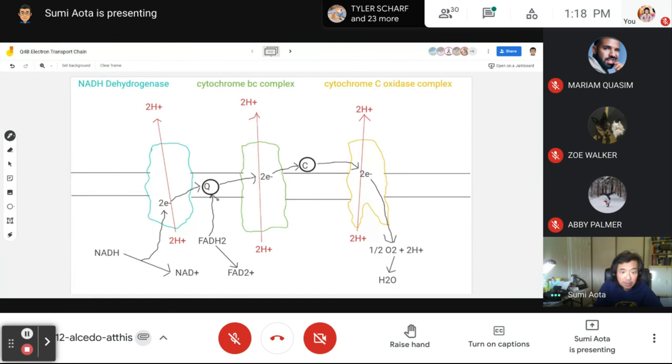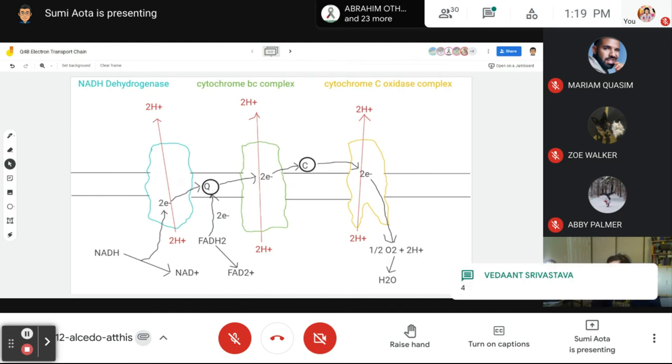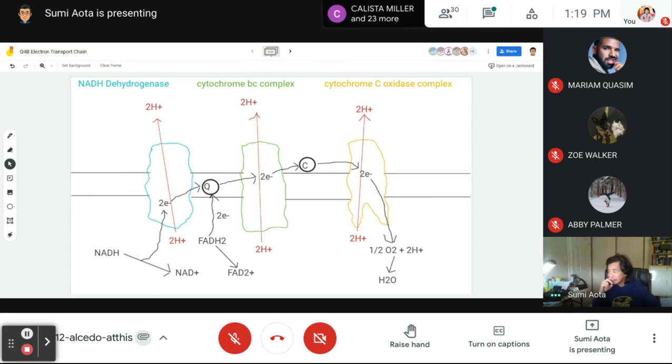They enter at Q. So we're going to have 2 electrons from FADH2, okay, moving on to Q. That being the case, how many hydrogens can FAD move across the membrane? 4, which means FADH2 makes how many ATPs? 2. Rule number 2, FADH2 makes 2 ATPs. Okay, so in general, NADH makes 3 ATP, FADH2 makes 2 ATP.